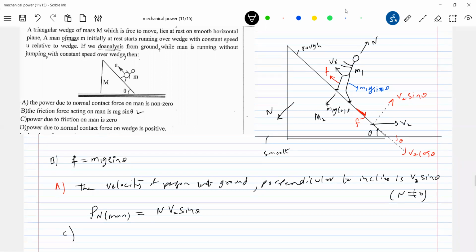I think we have discussed previously in the exam one problem, person walking on a plank. Positive. And it is not saying with respect to wedge, it is with respect to ground. So shall I pick up that power due to friction on man is zero? Or should it be non-zero?